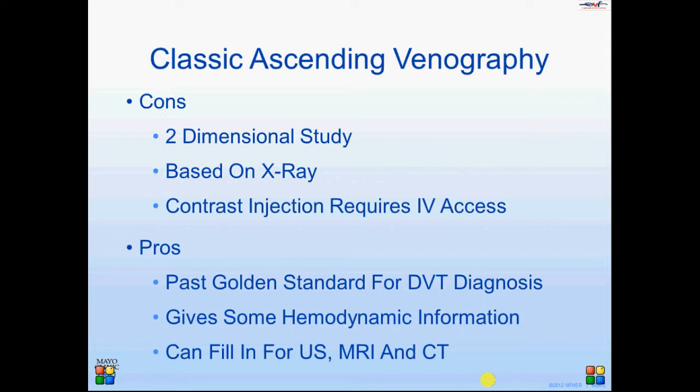It is impossible to talk about this without mentioning an old technique which still is alive in many institutions, and that is the classical ascending venography. When I studied radiology in Norway from 1987 to 1990, it was a common practice to diagnose DVT with an ascending venogram.